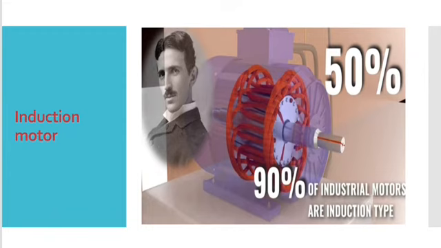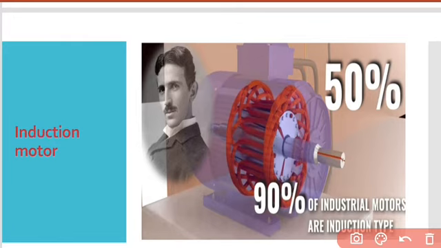Now next, you can see this picture. This picture is of the very famous scientist Nikola Tesla. The invention of the induction motor permanently altered the course of human civilization. This 100-year-old motor, invented by the great scientist Nikola Tesla, is the most common motor type even today.